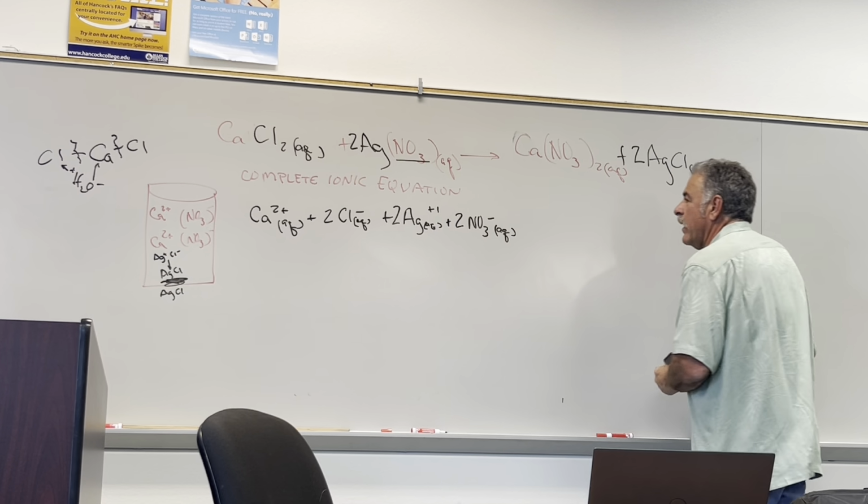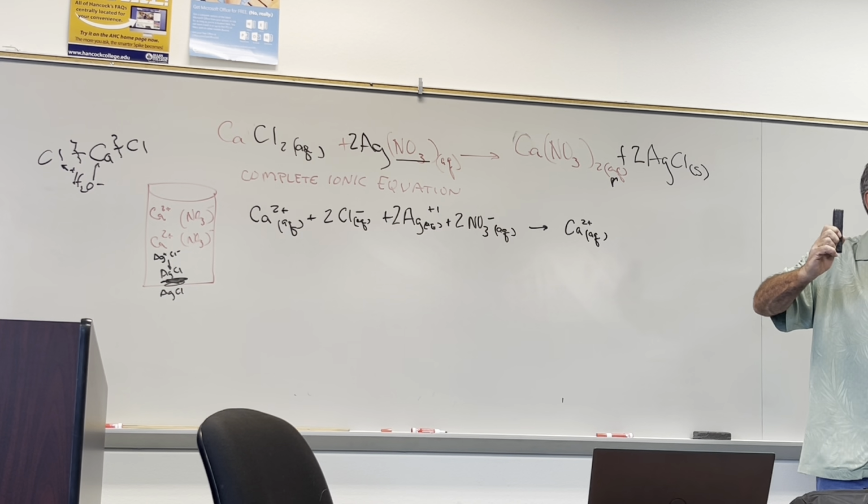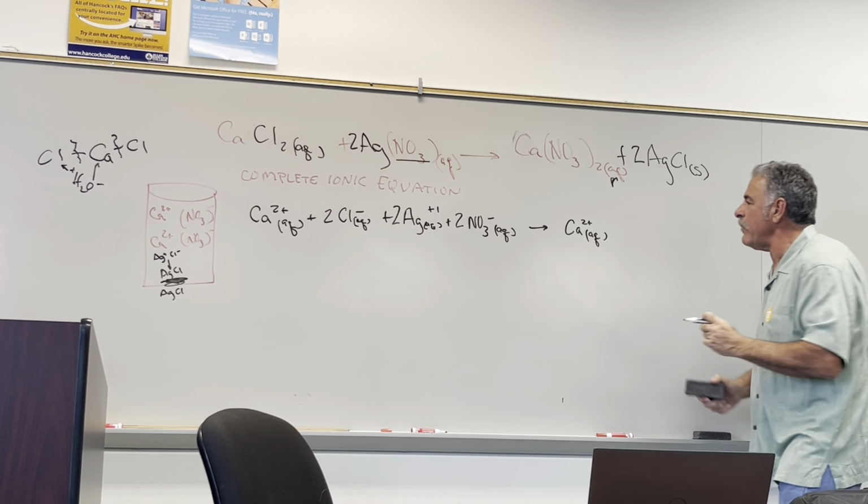We go to the product side, calcium 2+ stays in solution, because it's still aqueous, and aqueous says that it dissolves the ions. So we come completely apart, and then there are 2 nitrates, so the nitrate comes apart, 2 aqueous. So 1 calcium, 2 nitrates in solution.